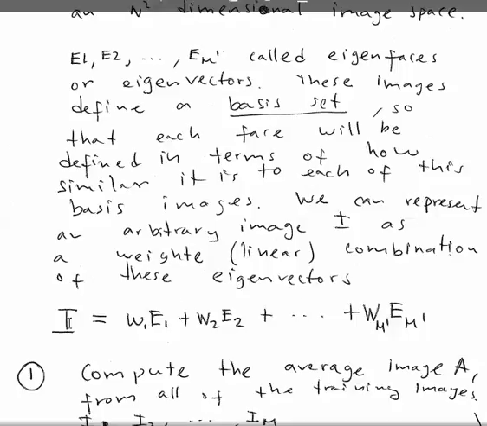So look at what we have here. We've got an I, which is the image, and this image is being represented as a linear combination of these eigenfaces or eigenvectors. So e1, e2, up to en, these are the eigenfaces. We have that addition, but they are being multiplied by the scalar w, which is a weight.